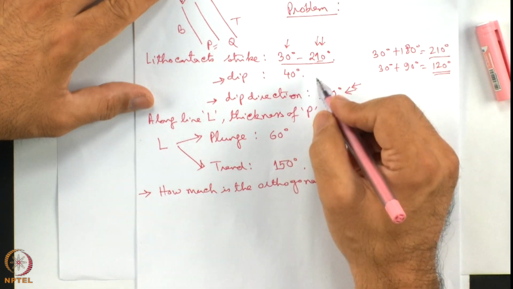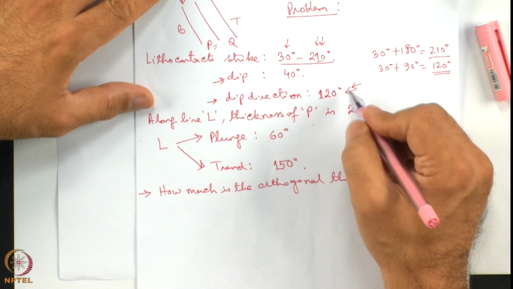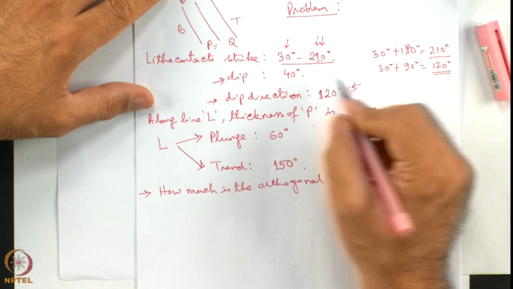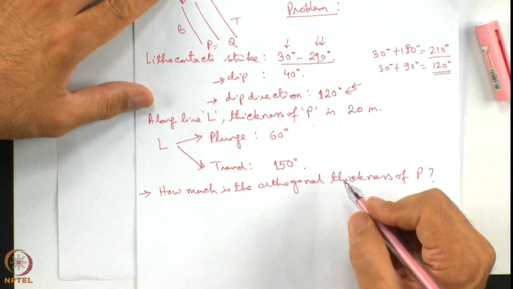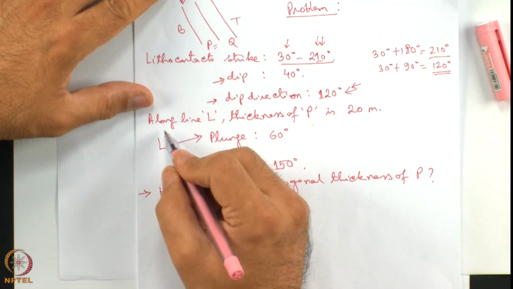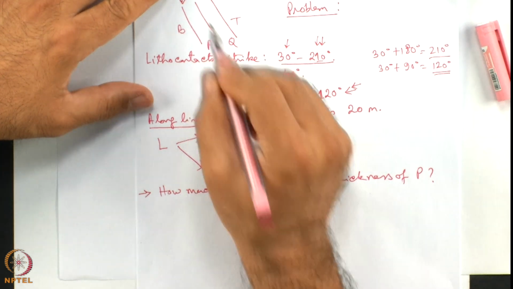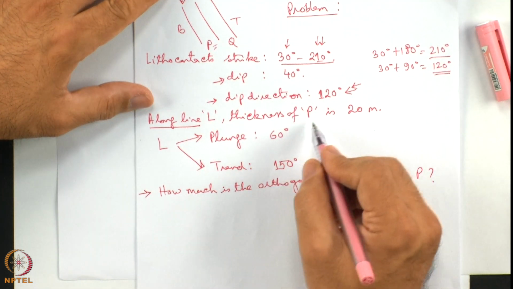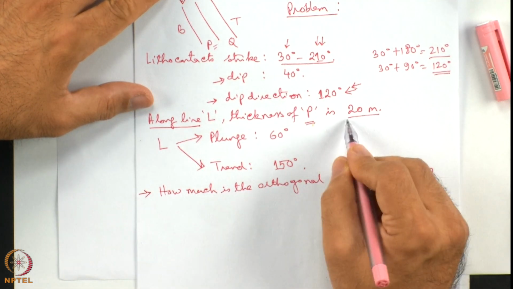Since the litho contacts have the same strike, same dip and same dip direction, that means we are dealing with a parallel litho contact case. Now, consider along a line L, I have not yet drawn it, the thickness of P unit is 20 meter.